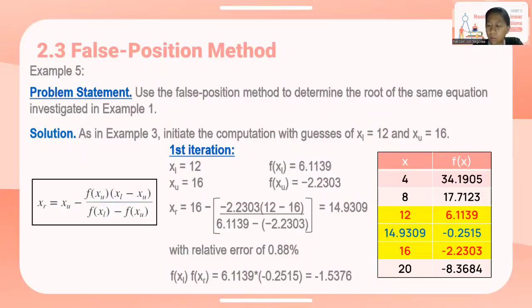The relative error equals (14.8011 minus xr, which is 14.9309) over the true root 14.8011, which is equal to 0.88%.